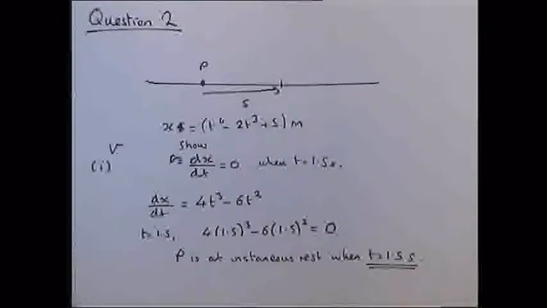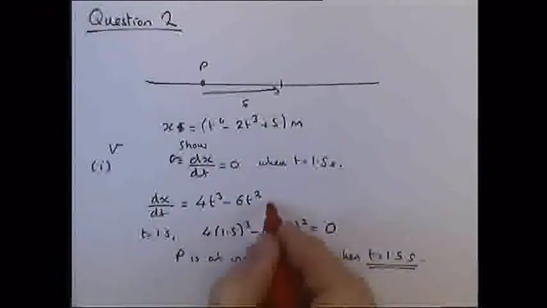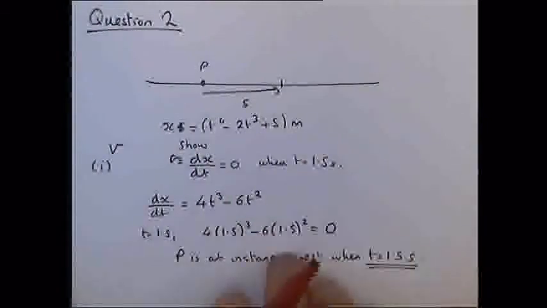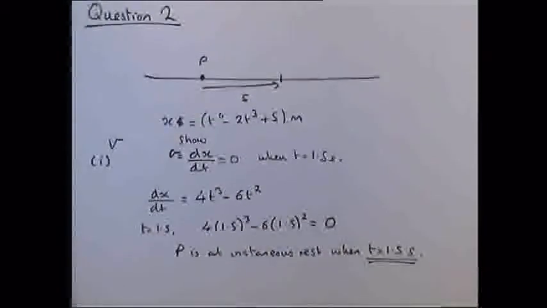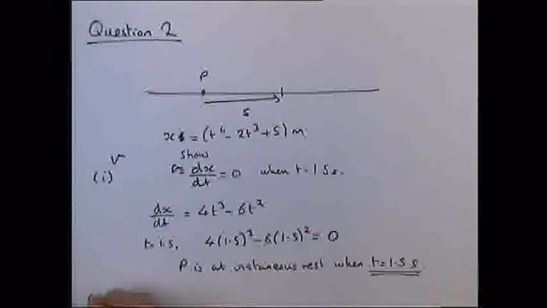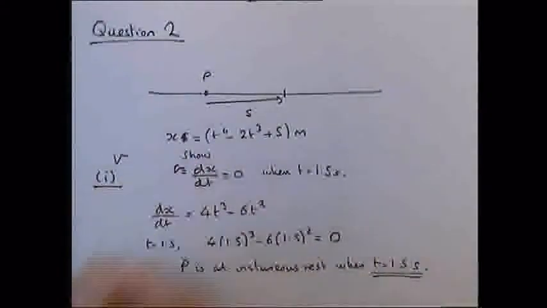Now if that was find at what time particle P is at instantaneous rest, then we can solve this equation and find out when it equals 0. But we can save a bit of time because we're given that time and we're asked to show that it does. And again, it comes back to that time budget I talked about at the beginning of this video.